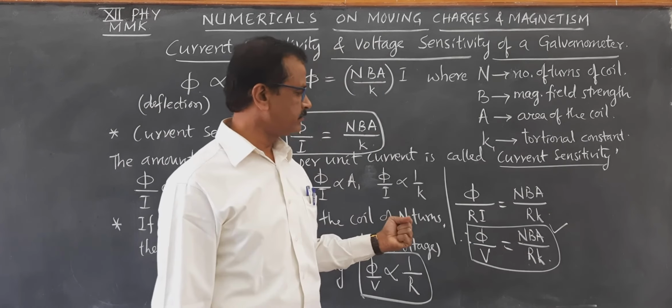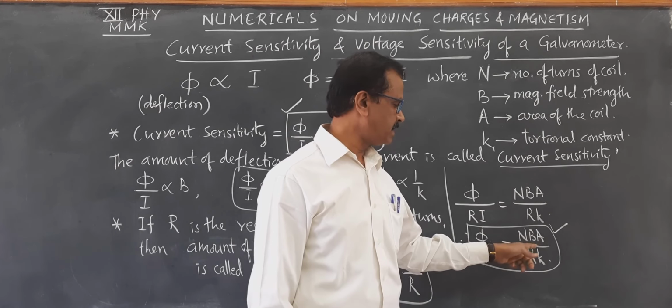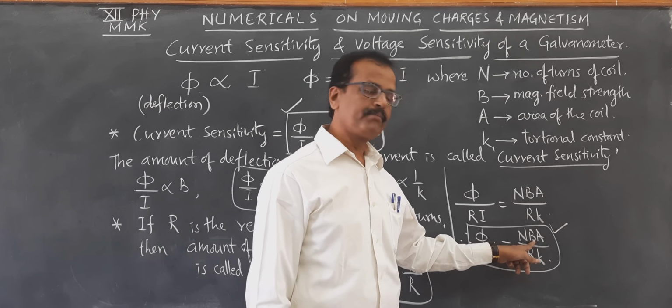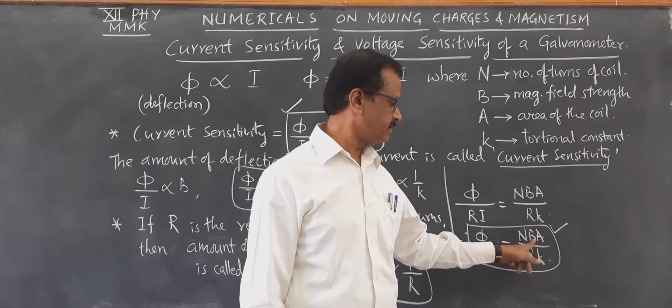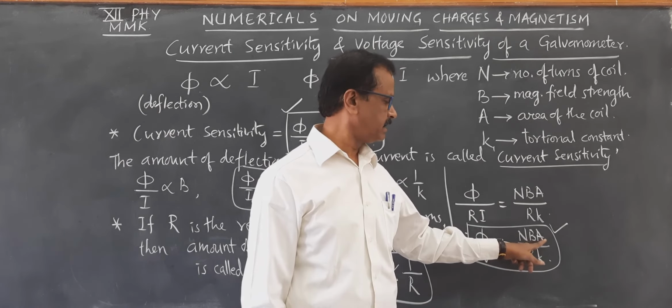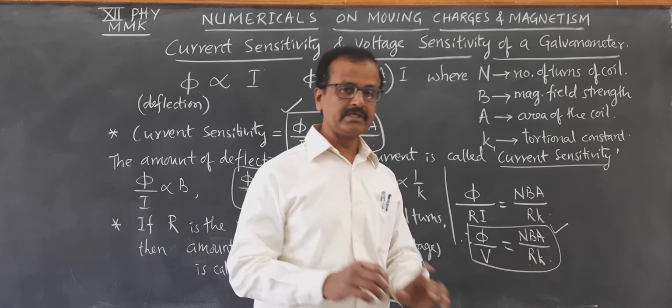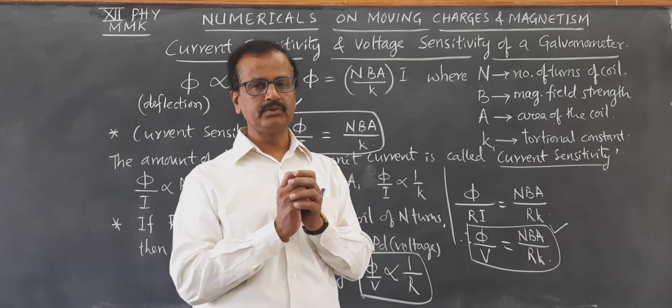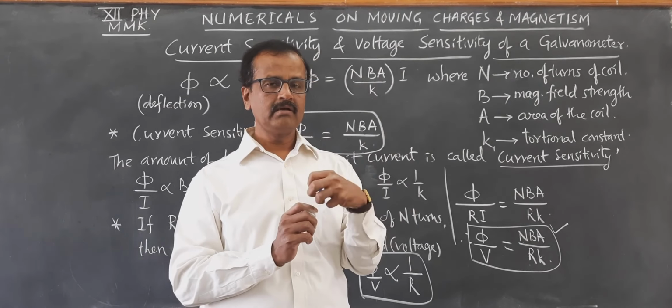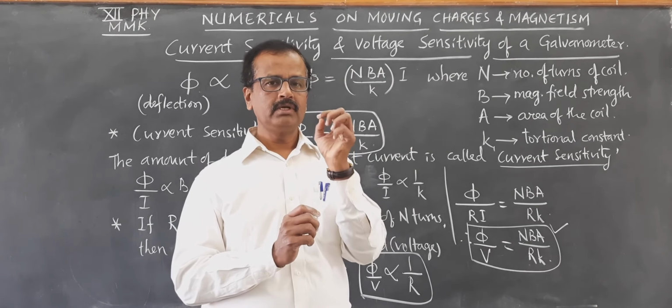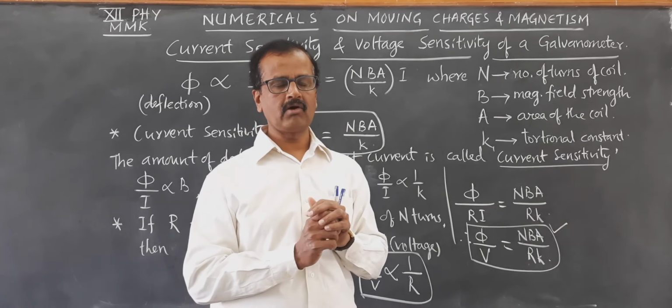So voltage sensitivity can be improved by increasing the strength of the magnetic field, increasing the magnitude of area, and reducing the torsional constant. We have to use a suspension wire with a very sensitive, low value of torsional constant.